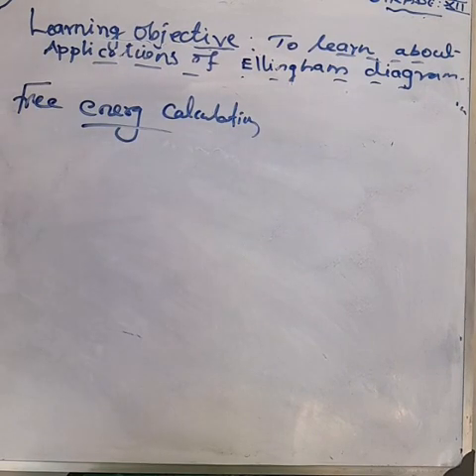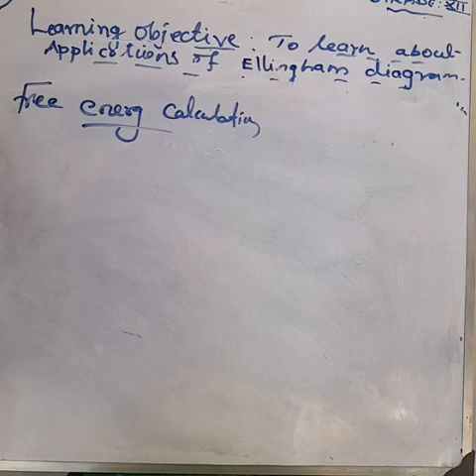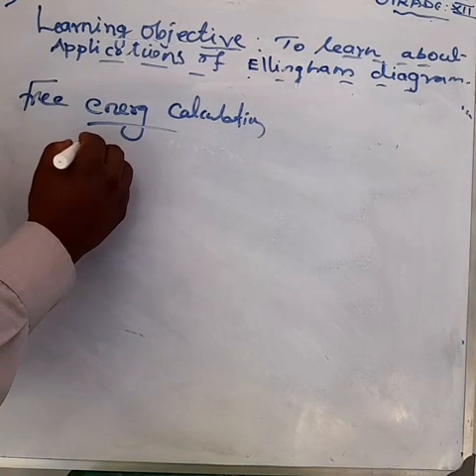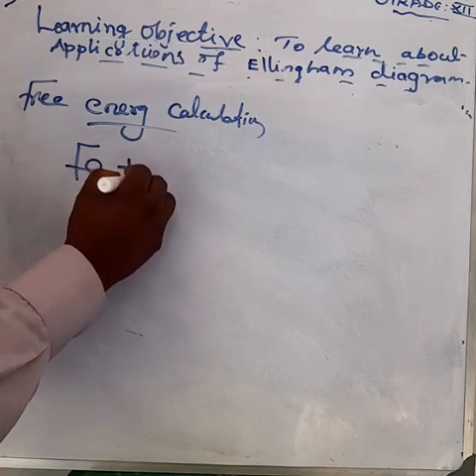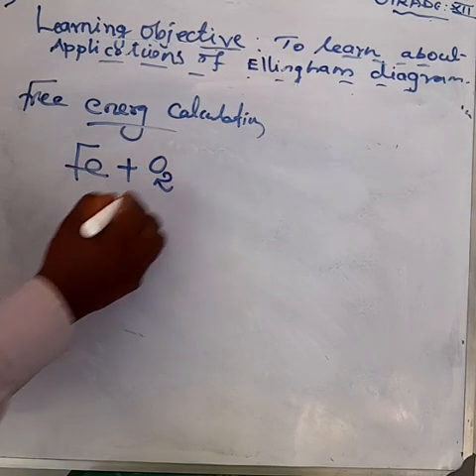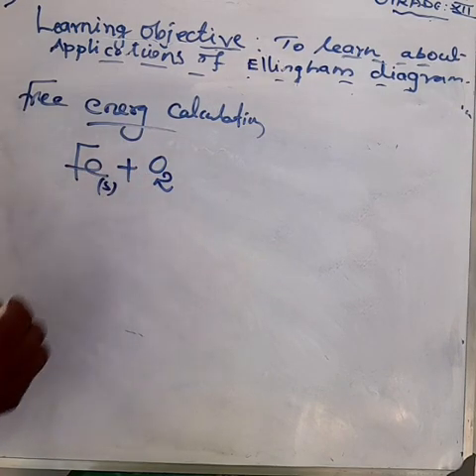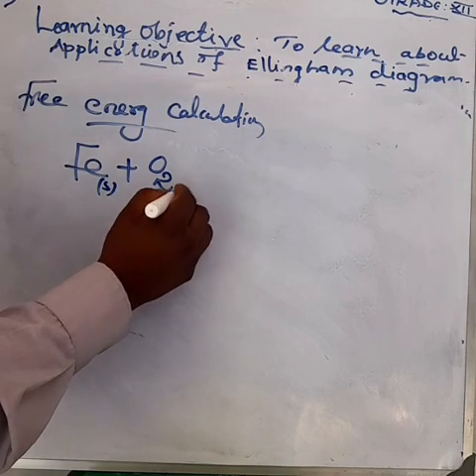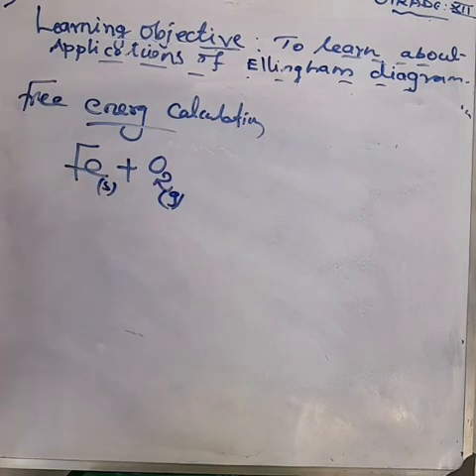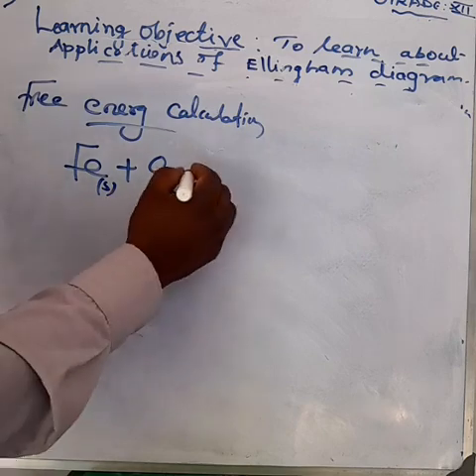From the Ellingham diagram at 1500 Kelvin, iron, Fe, a solid, reacts with gaseous oxygen to give iron oxide.